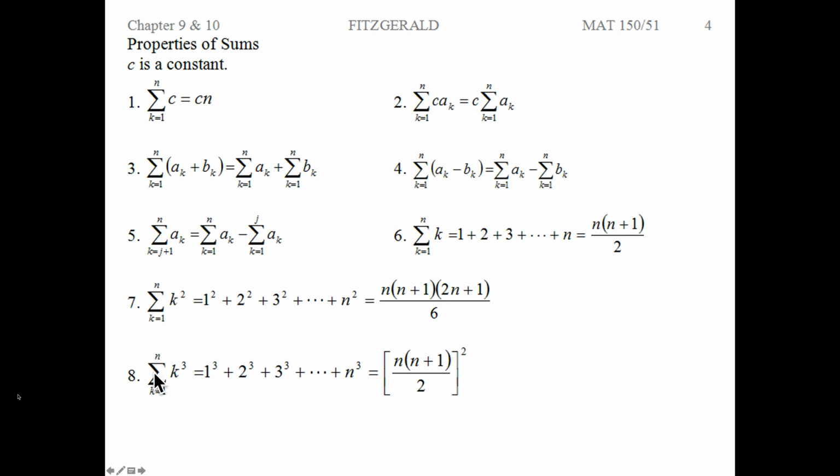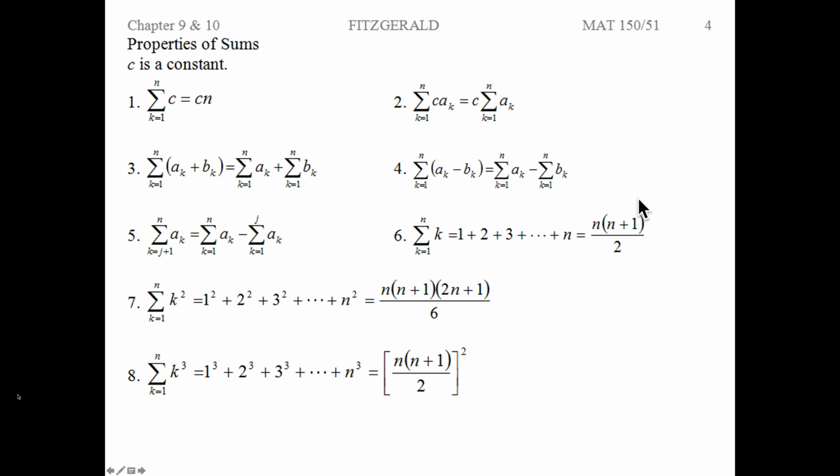6, 7, and 8. These are nice. If you're taking the summation of a linear function, k to the first power, that means 1 plus 2 plus 3 plus all the way up to n. So if this was going up to 50, I'm not going to go in my calculator 1 plus 2 plus 3 plus 4 plus 5 all the way up to 50.